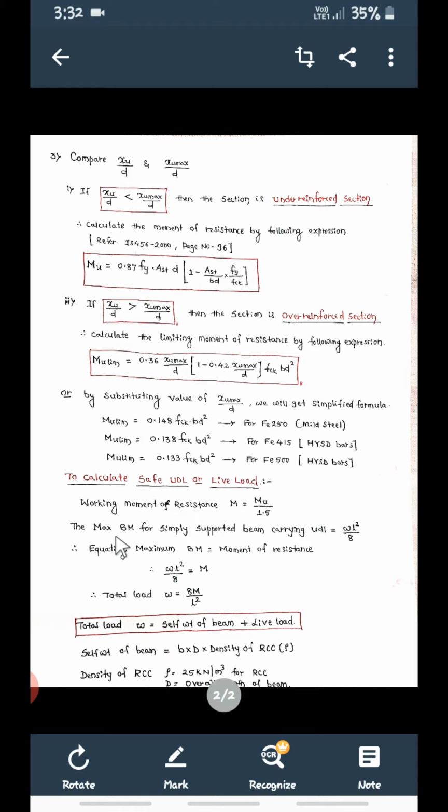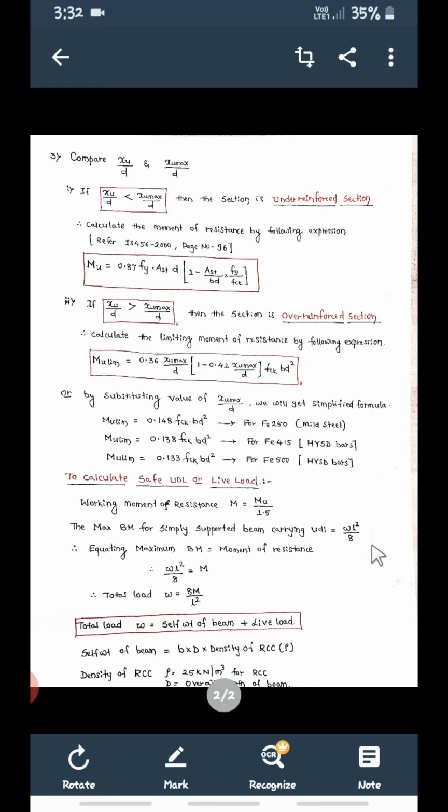Now what is the bending moment coming on the beam? If it is a simply supported beam subjected to UDL, then the maximum bending moment is WL square by 8, where small w is the UDL.